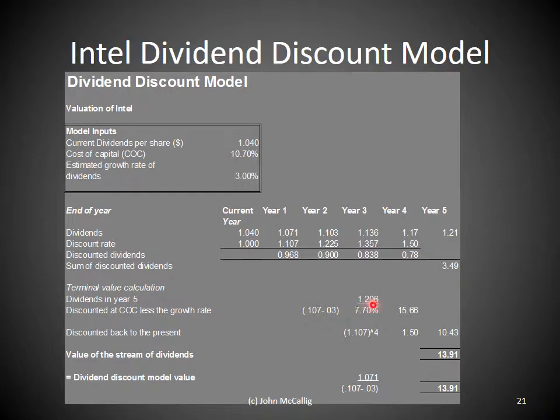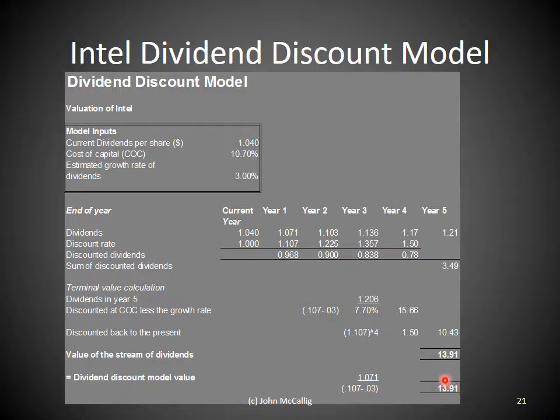The dividends in year 5 are 1.206 divided by the cost of equity capital minus the growth rate, which is 7.7%. That gives us 15.66. We then need to discount them back to year 1 using the 4-year discount rate, which is 1.5. And that gives us the same answer as we got with the simpler formula, just discounting them in perpetuity there.